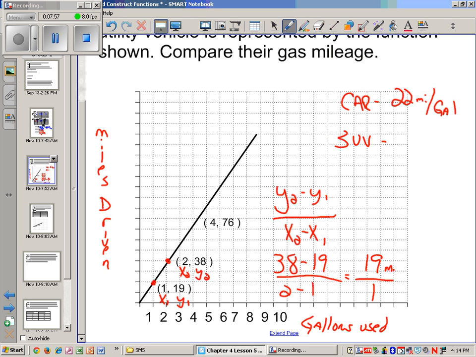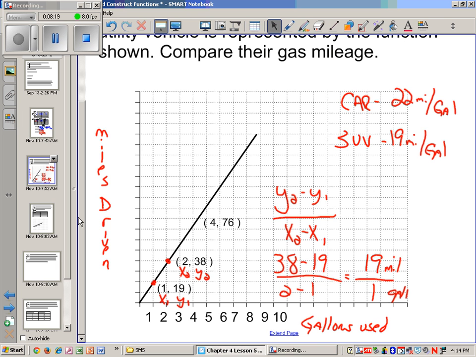This is miles. These are gallons. So our SUV is going to be 19 miles per gallon. So you can see how we can compare the gas mileage for your car or SUV, and that's how we can do it from a word function compared to a graph function.